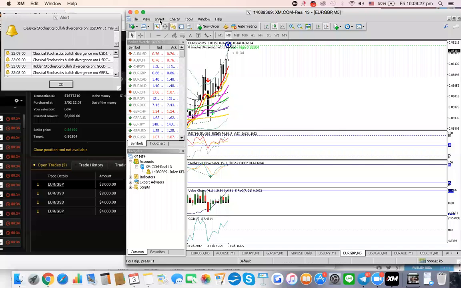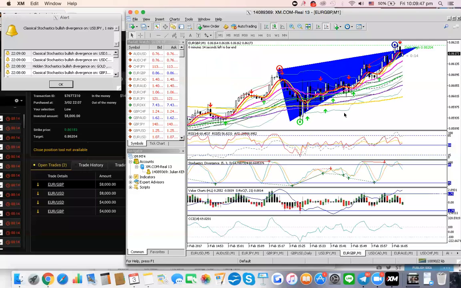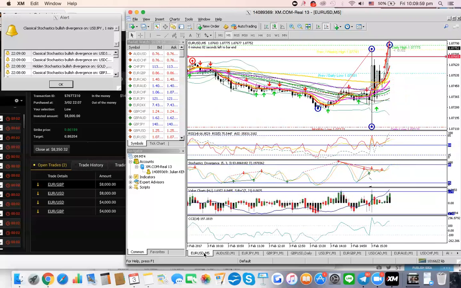I do see a triangle formation here as well, and I'm actually looking for a breakout. See if we can catch some kind of a straddle approach on M1.